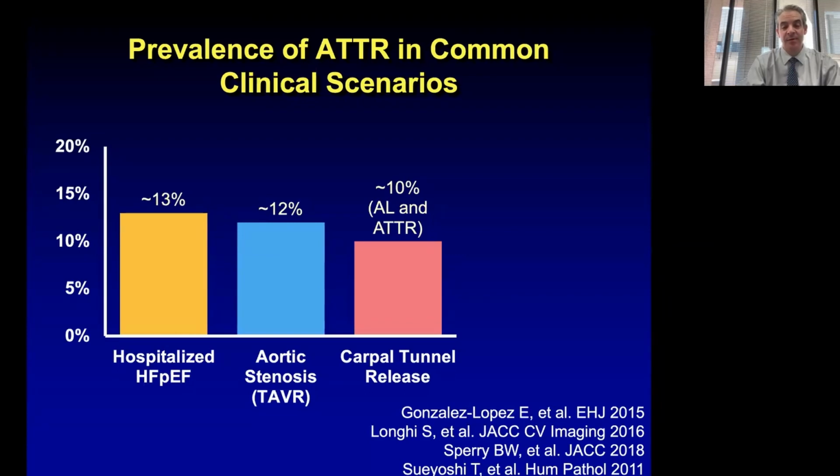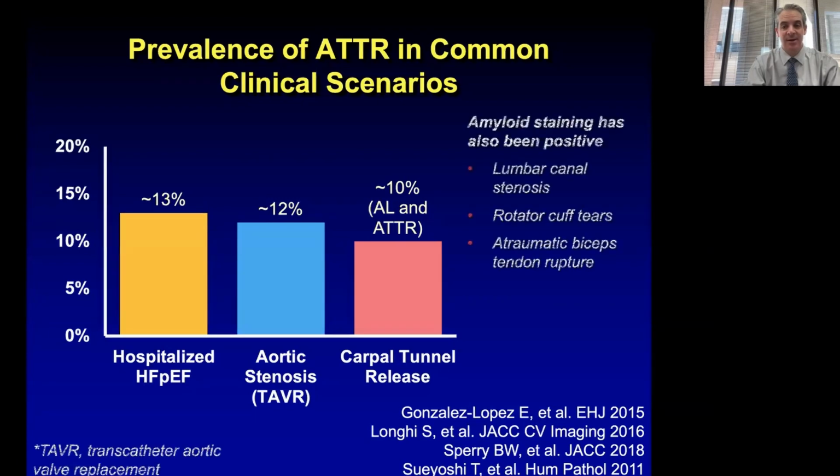Anybody that is referred for TAVR, that is transaortic valvular replacement, for aortic stenosis, approximately 12% of these individuals may have cardiac amyloidosis. And then, of course, anybody with carpal tunnel syndrome who's had a carpal tunnel release, we know that the tenosynovium of these individuals may stain positive for amyloidosis, and that's either AL or ATTR.